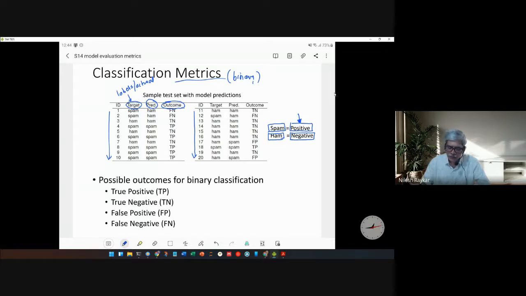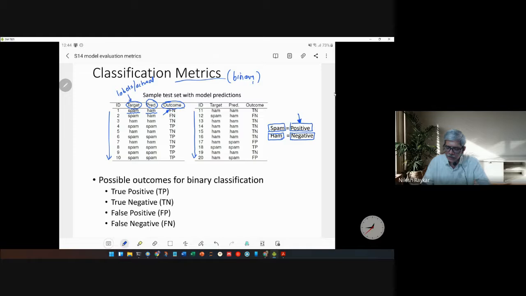So for example, for the first problem, your target is spam. So it is actually a spam mail, but your prediction is ham. That means your prediction is wrong. So the first term here, this false, indicates that true is where a match is there and false is where a match is not there.